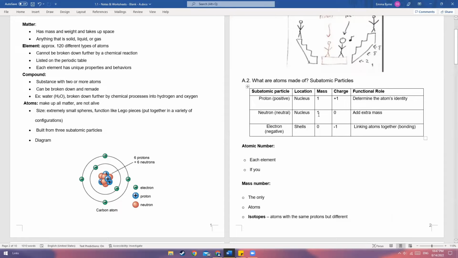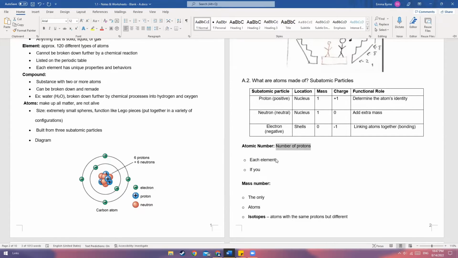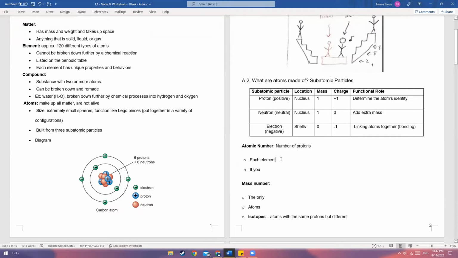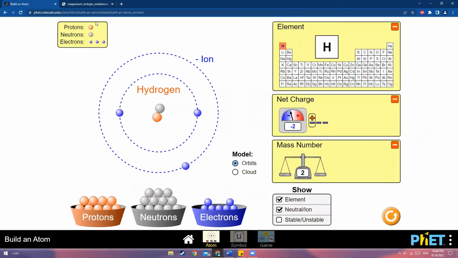All right, so moving on to more vocabulary here. So the atomic number is the number of protons. Each element has a different atomic number. That's how we differentiate them, right? So say we're looking at the periodic table.